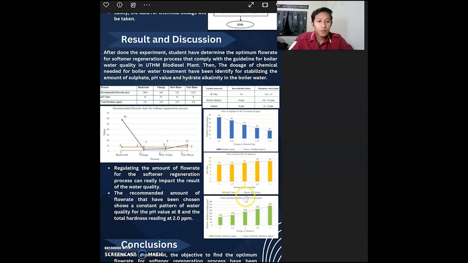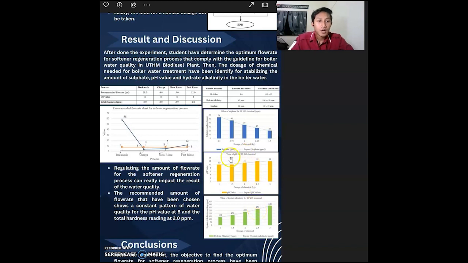And then lastly, for increasing the amount of hydrate alkalinity using the BP210 chemical, the student identified that it performs best at 2.5 kg, which will help to increase the hydrate alkalinity from 65 ppm to 274 ppm.